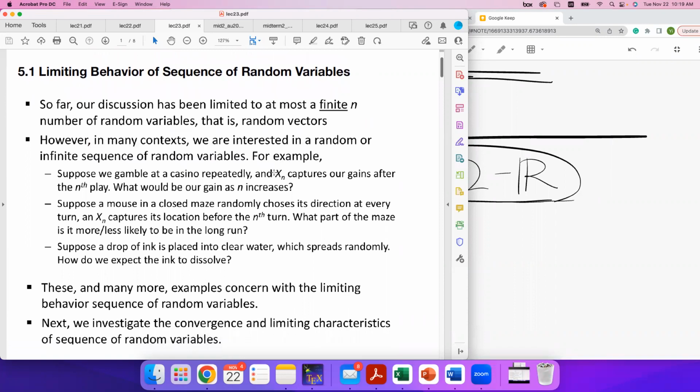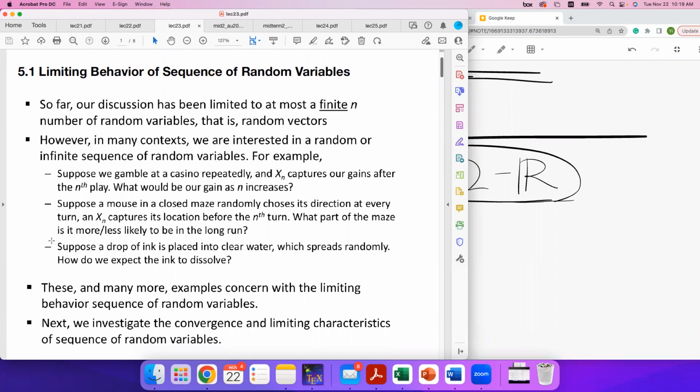This is very important later on when we characterize a random process.